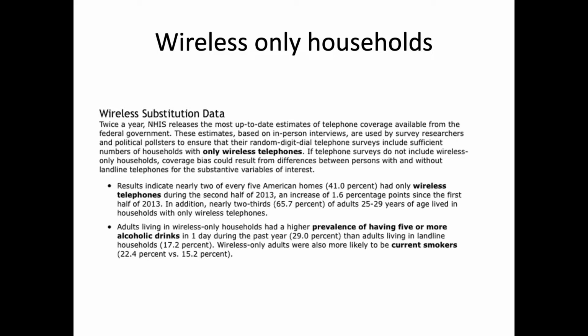And if you remember, National Health Interview Survey is done in person, so they can ask about things like, do you have a landline, for example. So if telephone surveys do not include wireless-only households, something called coverage bias can occur, and this results from differences between persons with and without landline telephones for variables of interest. And so this is really an important source of bias that I want you to appreciate.